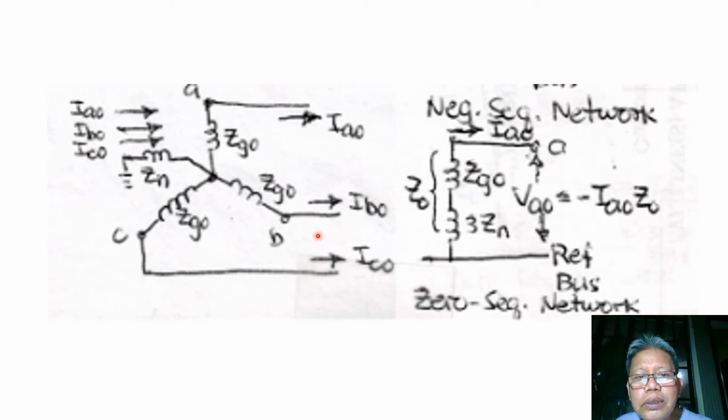Now for its zero sequence representation, for the three-phase representation, we have phase A, phase B, and phase C, and again there is no generated voltage here because our generator cannot generate the zero sequence voltage.